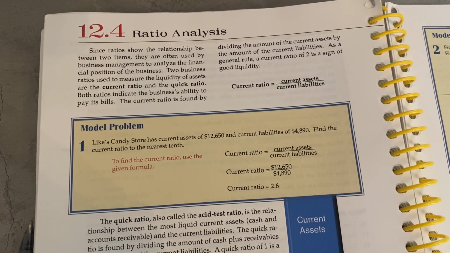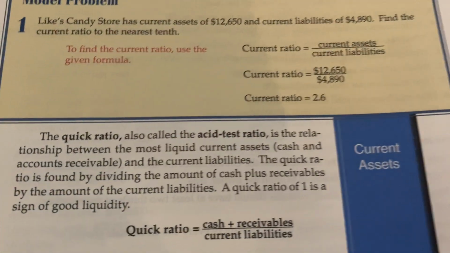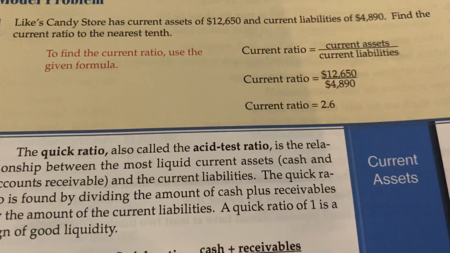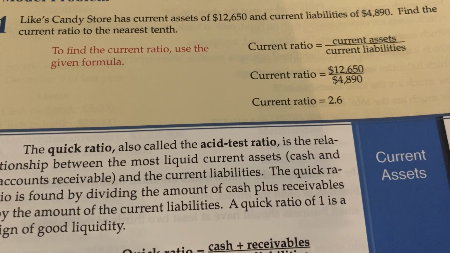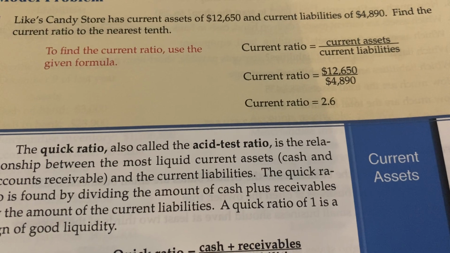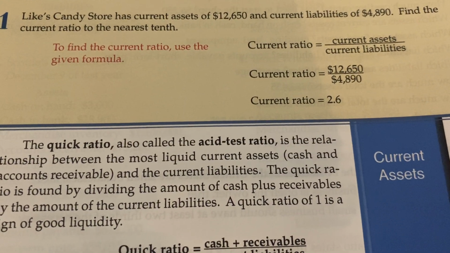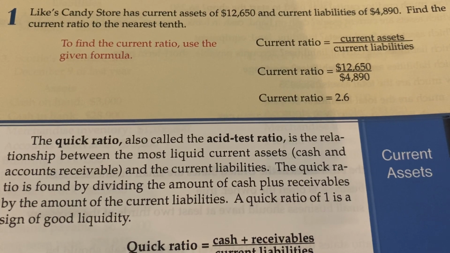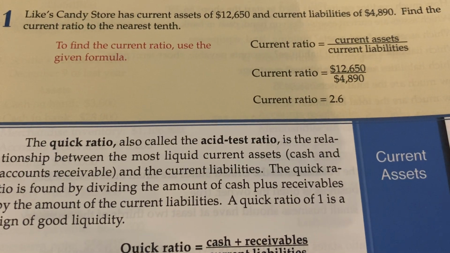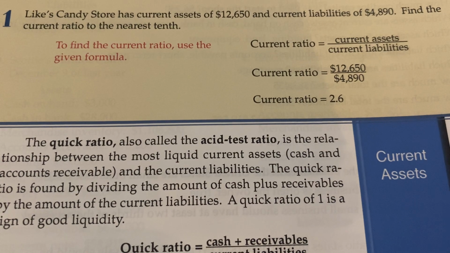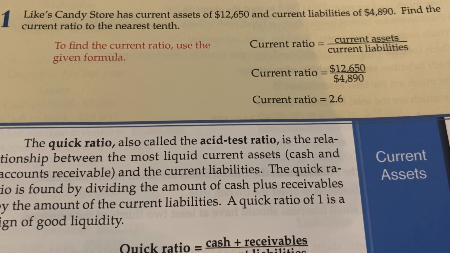And then on to the quick ratio here at the bottom. The quick ratio is also called the acid test ratio, and it's the relationship between the most liquid current assets, which are just your cash and your accounts receivable, the cash that you are owed, divided by the current liabilities.